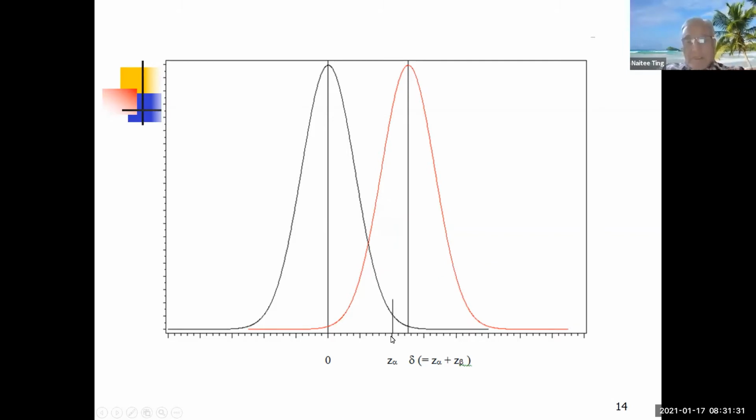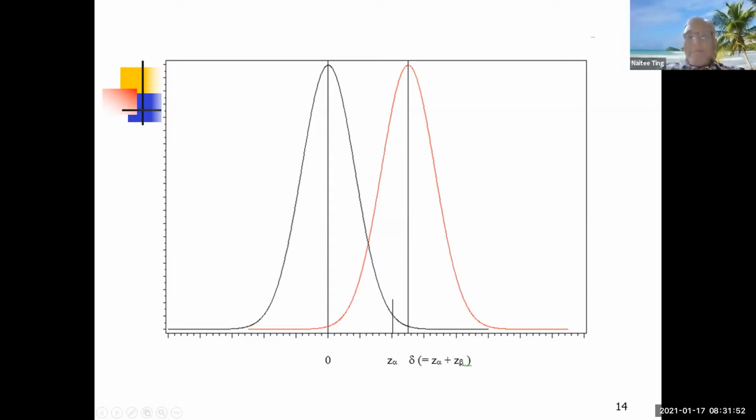That means if you observe something to the right of this bar, you would reject the null hypothesis. So from here to here will be Z alpha. I think that's easy to understand.